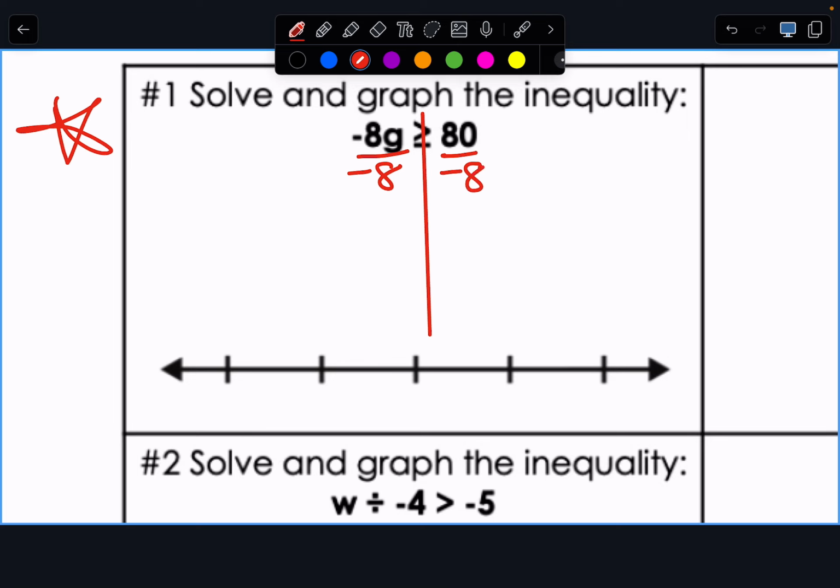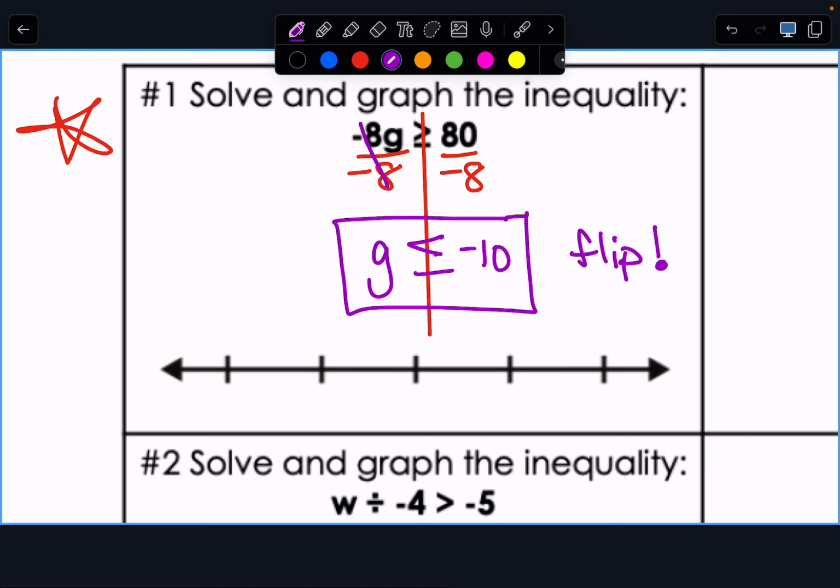And if we are dividing by a negative number, then we have to flip our sign. And what number's on the right? Okay. In order for us to have time to work on our homework, I'm going to skip the graphing. Will that upset you? Okay.